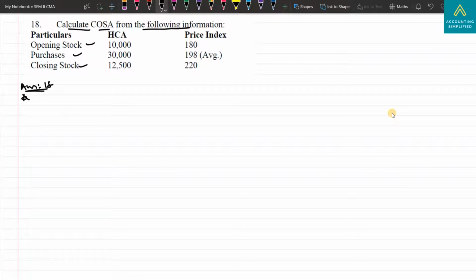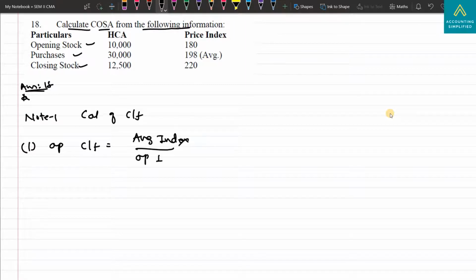Answer number 18. So note 1, calculation of conversion factor, right? First, opening conversion factor is equal to average index divided by opening index is equal to 198. Sorry, 198 is the average index, opening index is 180.